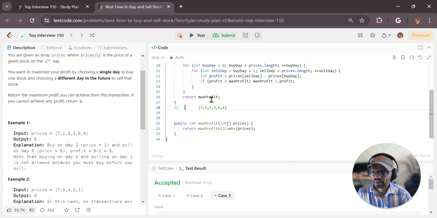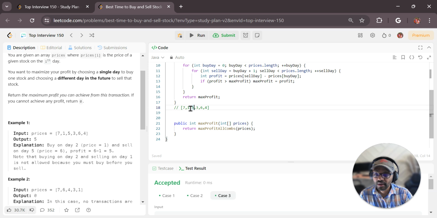The thing I noticed is that, let's say we are trying all combinations, right? But whenever there is a price which is lower than 7, like after 7 we go to 1, we basically have tried many sell day combinations for the buy date to be the second day, and we have computed the profit.